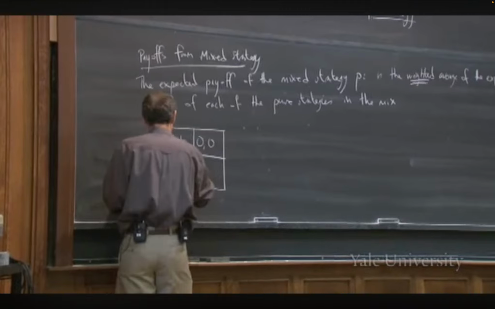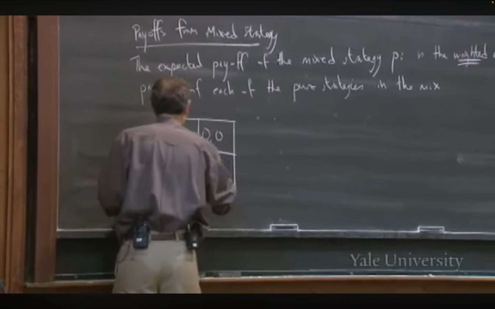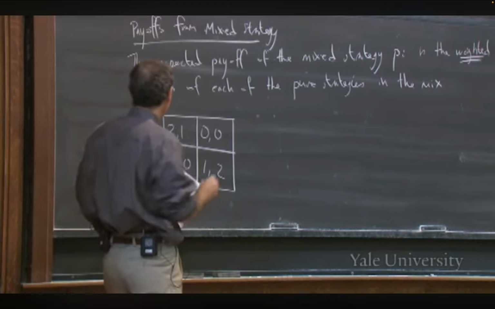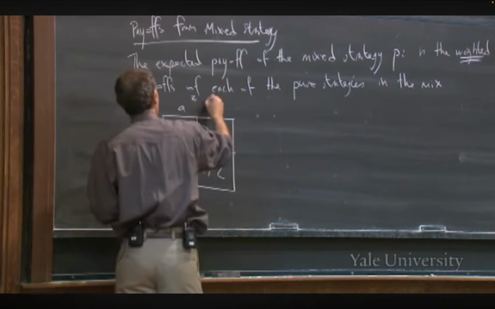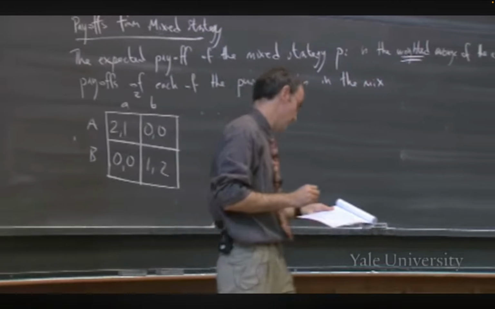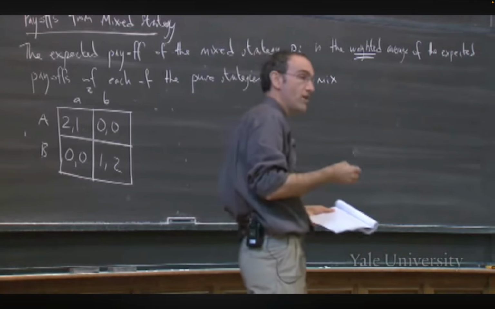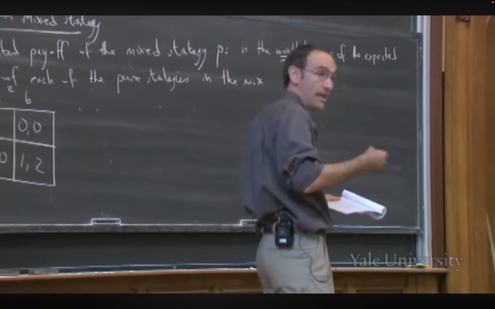Here is the game Battle of the Sexes, in which player 1 can choose capital A and B, and player 2 can choose little a and b. And what I want to do is figure out the payoff from particular strategies.